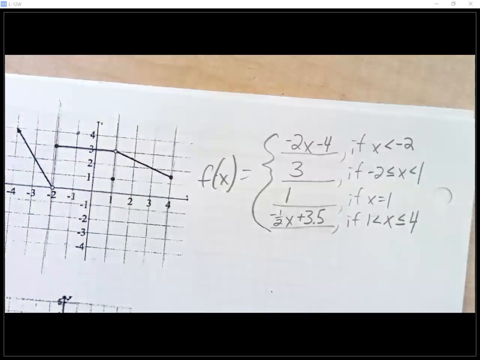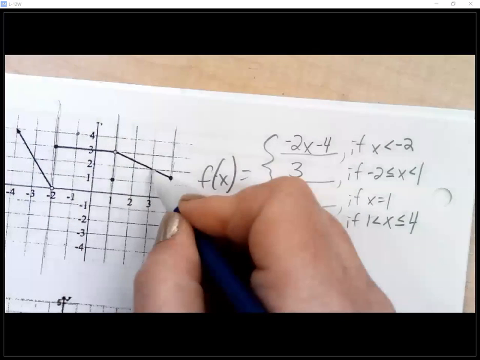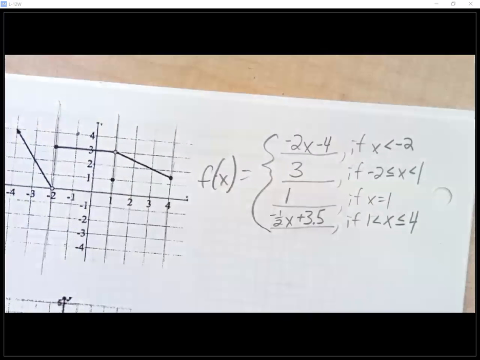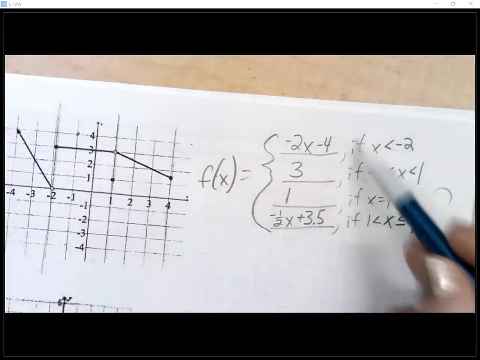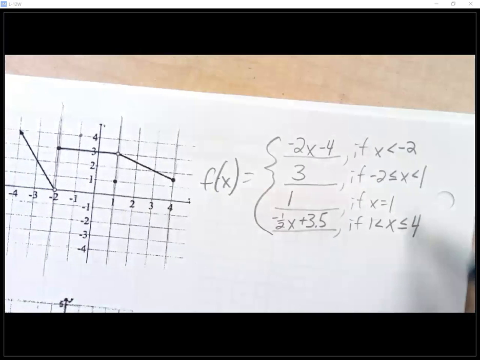Also, when you finish, especially if it's a test or a quiz, you know I'm going to tell you to check yourself. So you can just pick a point and say, okay, what's a good one to choose? 3. When I plug in 3, according to my graph, I should be getting out 2. So if I plug in 3, it would fit into here.